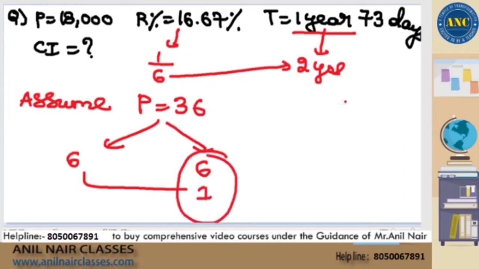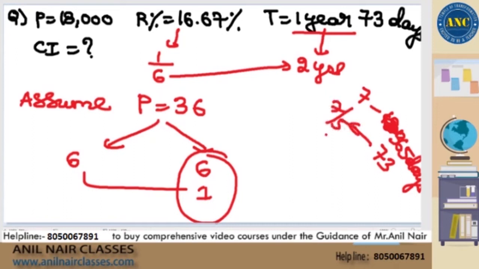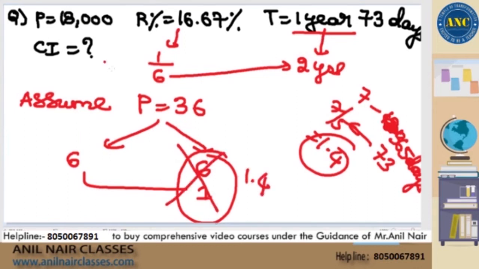6 plus 1, 7. 7 is for the total second year, which is 365 days. But according to the question, 73. So 1 by 5. 7 by 5 is 1.4. 7 is for the entire second year, I want for 1.4.